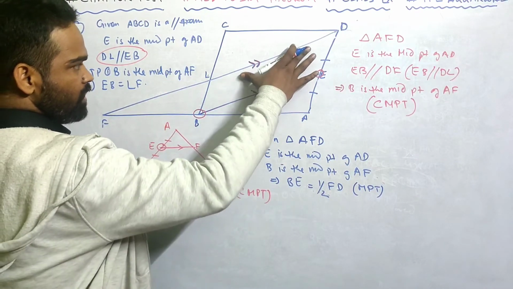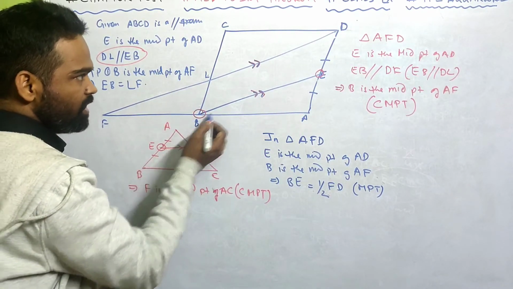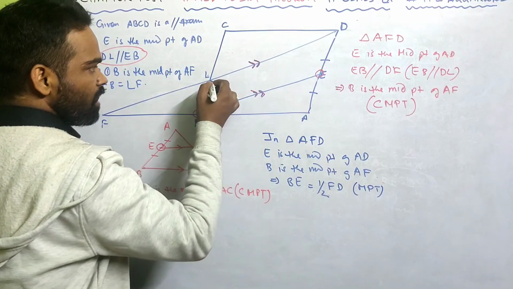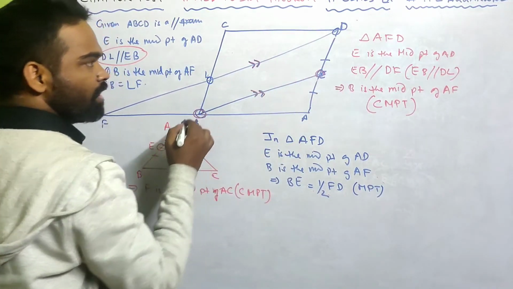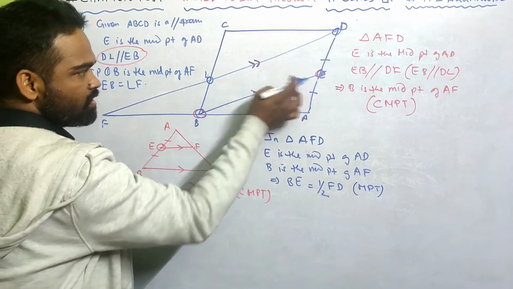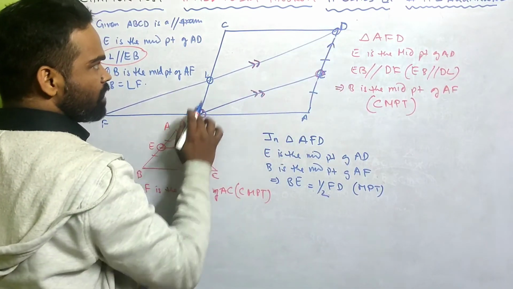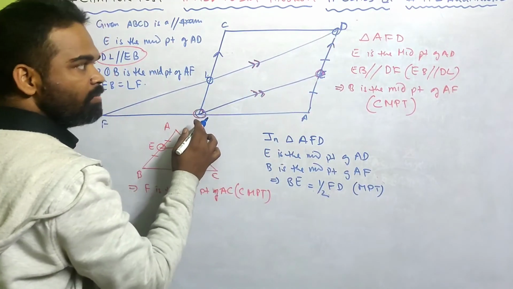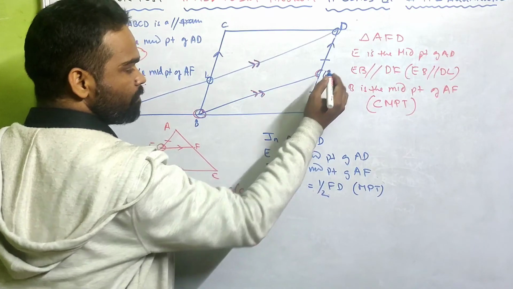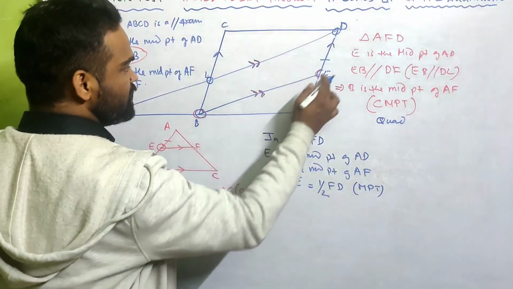So, first of all, look over here. We need to show that DL and LF are the same. Try to understand. BEDL, that's a parallelogram. Why? Because BE is parallel to LD and AD is parallel to BC, which means DE will be parallel to LB.